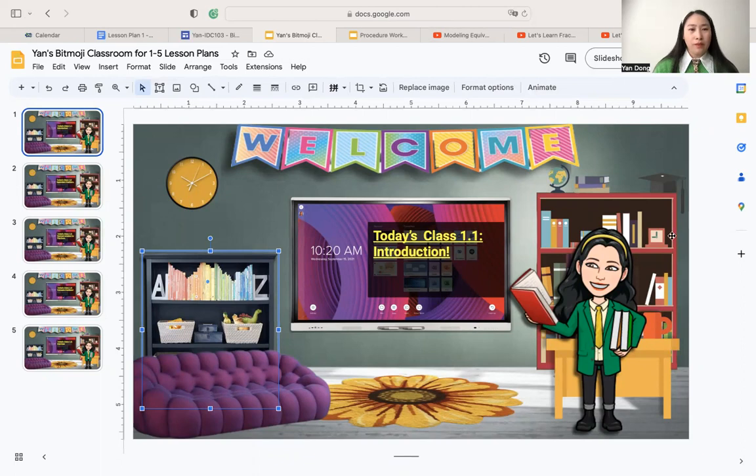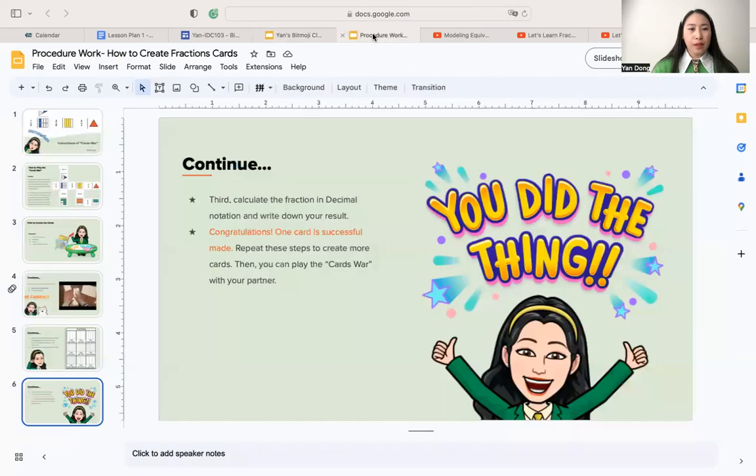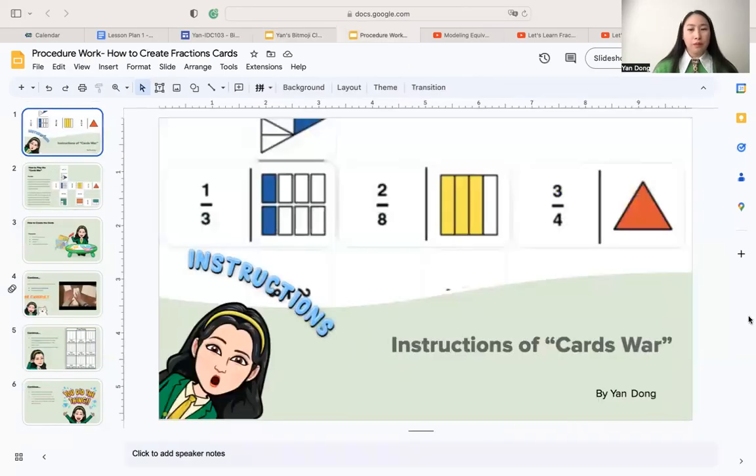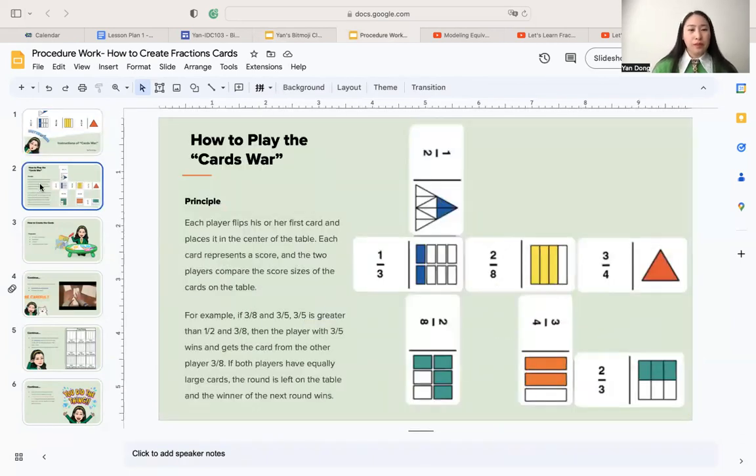So here, let's see how to create a card board and how it works. So here is the slide to give more details about the instruction of the card board. So I will go through the slides with all of you. So what's the meaning of the card board and how to play?